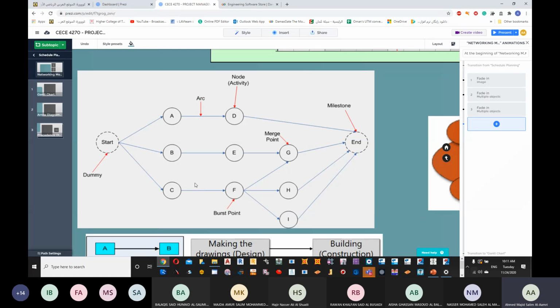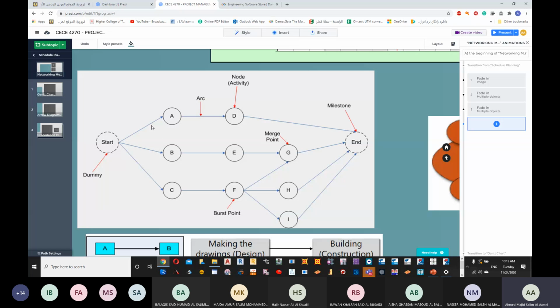The third method will be coming after seeing certain disadvantages of the ADM. Now, the advantages of the ADM, which is the second method, are the same as the disadvantages of the first method. So for the first method we said relationships are not shown.